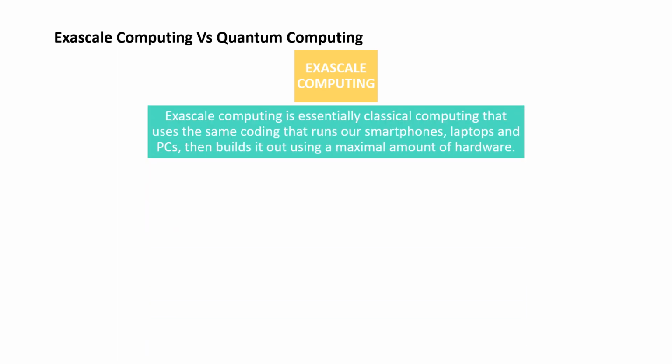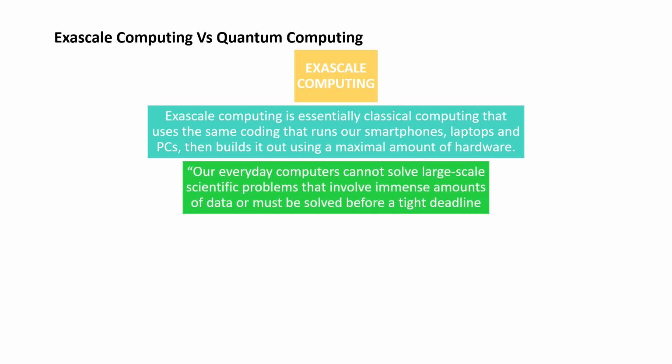Exascale computing is essentially classical computing that uses the same coding that runs on our smartphones and laptops. It has the same concept as our laptops and PCs, but it is built out with the maximum amount of hardware to perform at high speed with the maximal amount of storage.